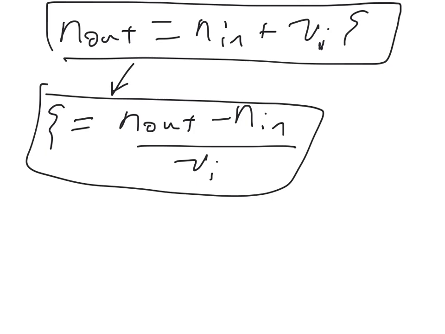It's useful when we have many different reactants and products. We often only have to calculate one unknown, and once we know that extent, we can calculate what's leaving a reactor. So it's a very useful quantity for analyzing and studying reactors and reactions, and that's extent.